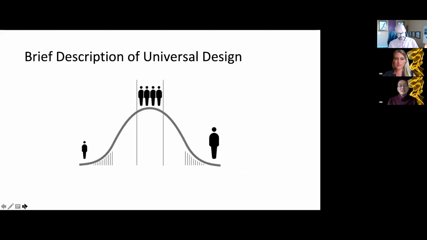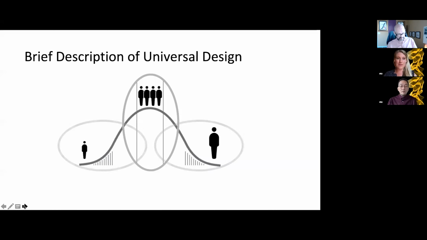So here is sort of a bell graph of the population of humans, for example. And most people have been focusing on what is called the average person. Well, that is a fallacy. There is no average person. In fact, when we look at the total population, we are looking at varying levels that go from the 5th percentile to the 95th percentile.